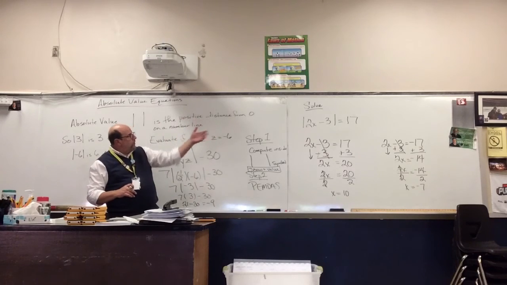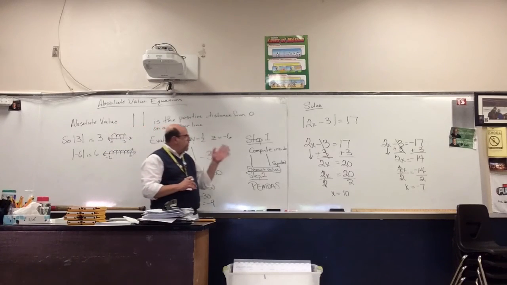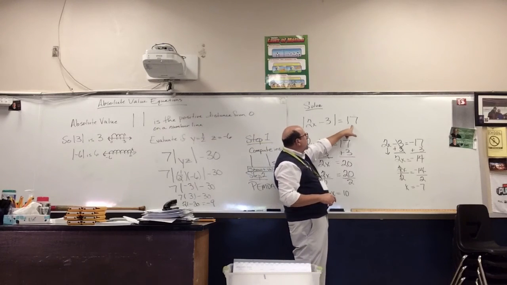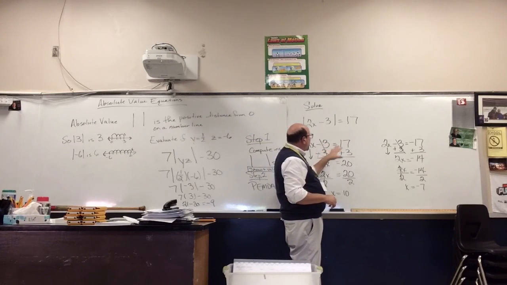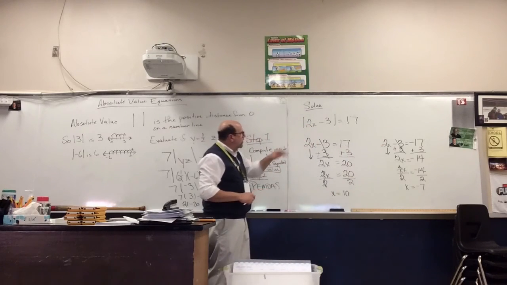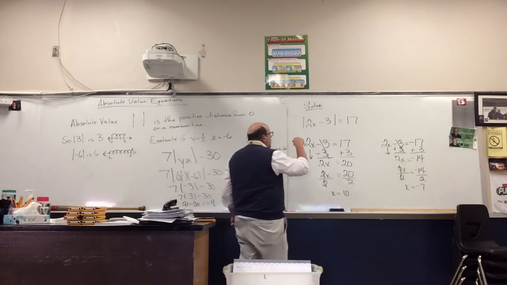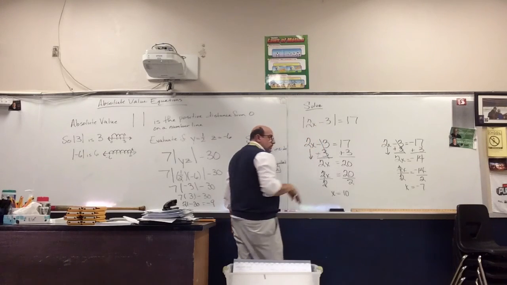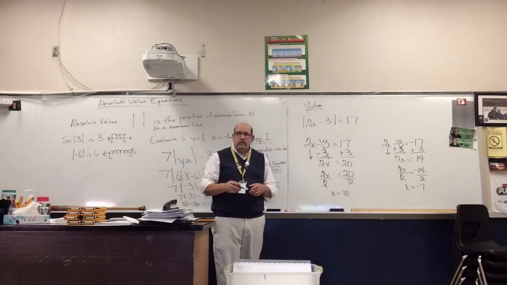And then when you solve equations, if you have the absolute value of some sort of expression equaling a number, you solve for both its positive and negative values, because if we input that information back in here, we'll come up with 17 and negative 17 accordingly.